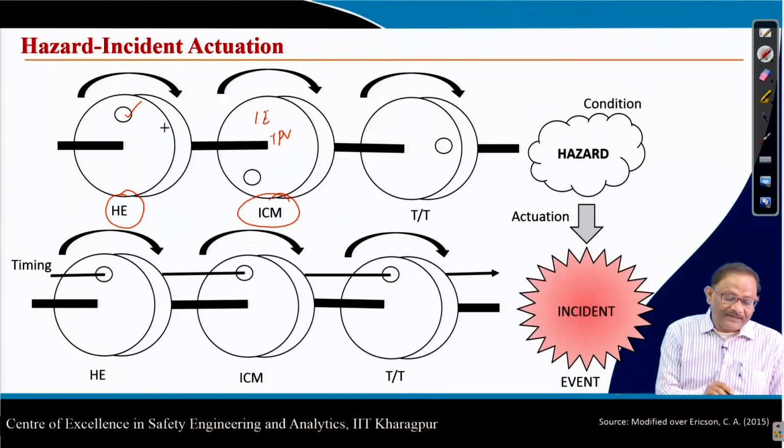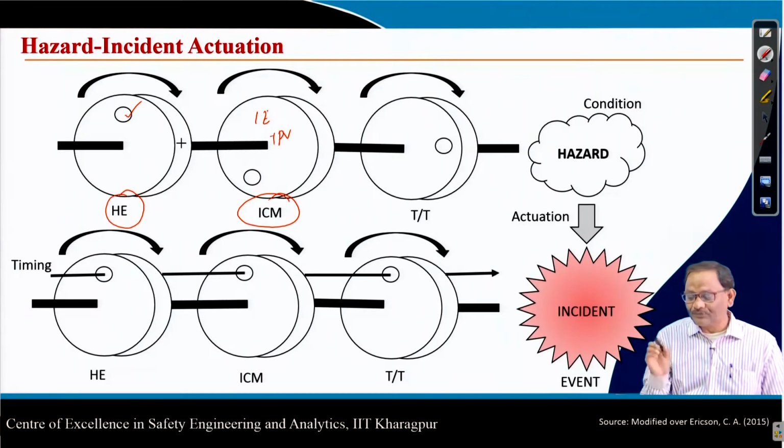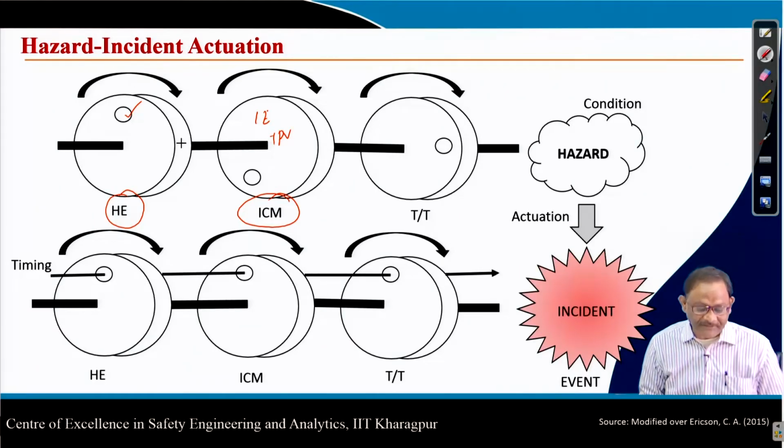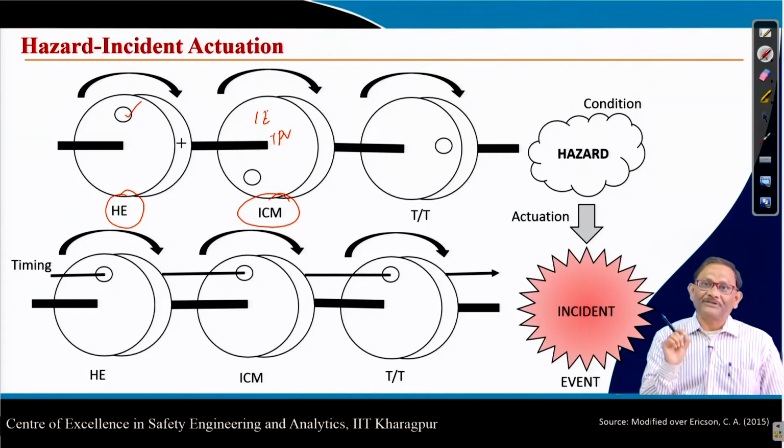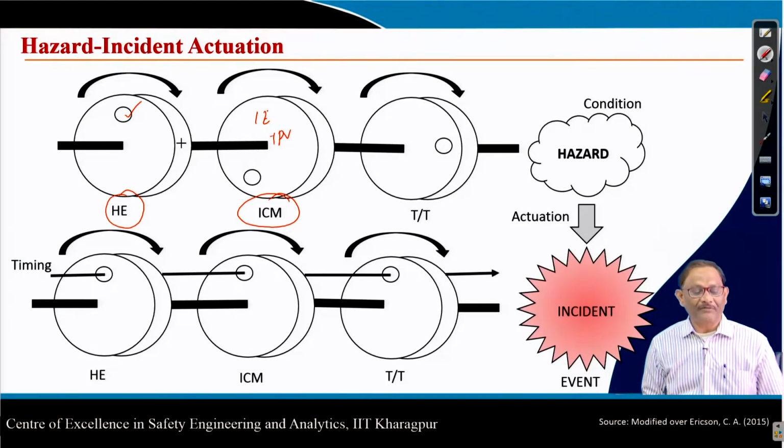The reason is that in order to arrest the hazards from becoming an incident, you also put certain other measures, either hardware or software or humanware, which ultimately take care of the situation so that the hazard will not become an incident. But those elements or subsystems or components are also fallible in nature. You cannot expect a machine to work all the time without failure.